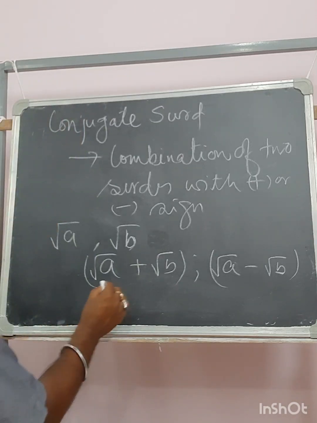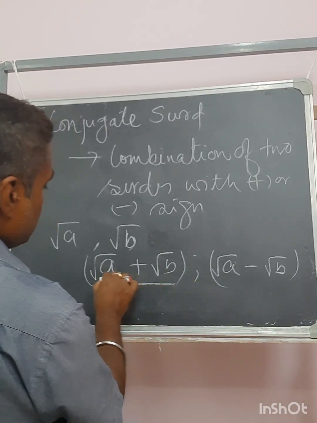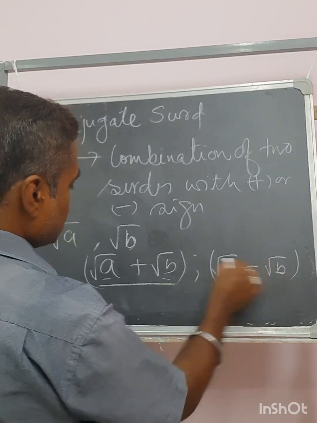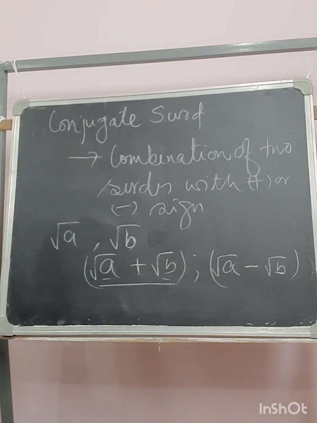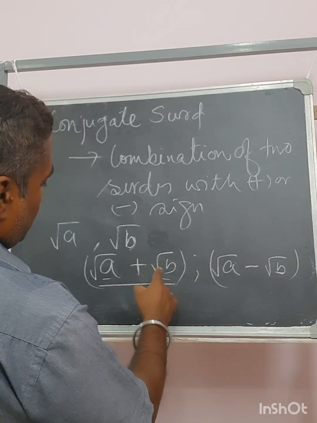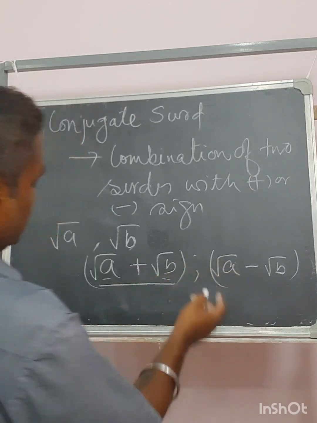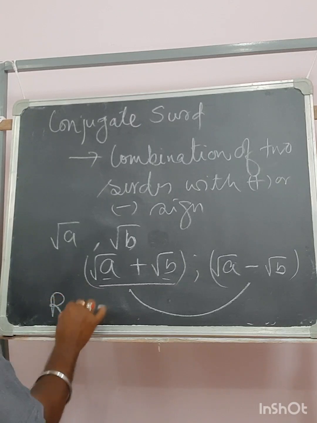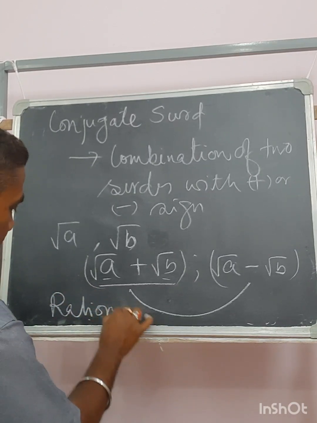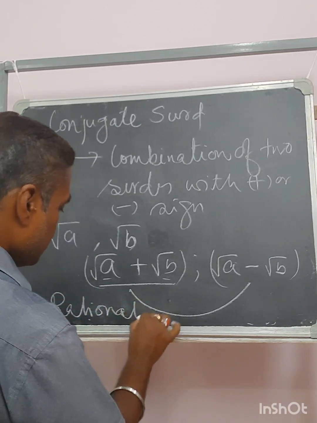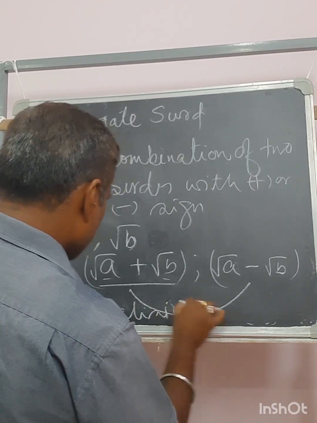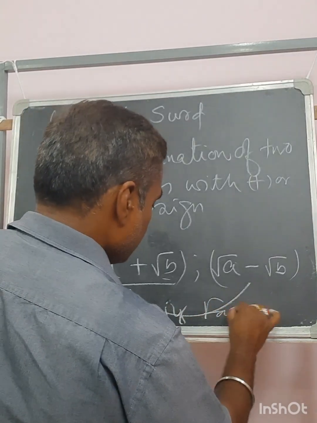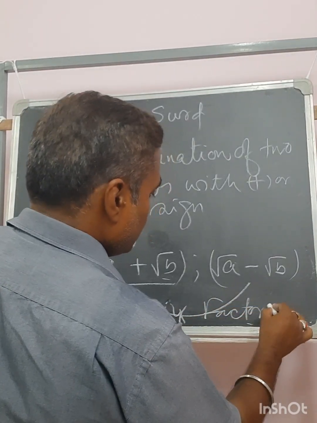Now you can see the surds are the same, only the sign in between is different. So if I relate them to each other, then these are the rationalizing factors to each other.